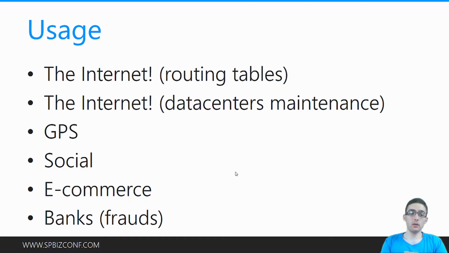Another recent application is all the social networks. So let's think about the LinkedIn recommendations and stuff like that. The way they do that is because they use graphs behind. Another application is e-commerce. When you are on a website trying to sell you stuff, and when you add something to your cart, and the website is recommending you things you might like or things you might order with your cart, with what you ordered just before, it is either based on statistics or because we have a graph database behind that.